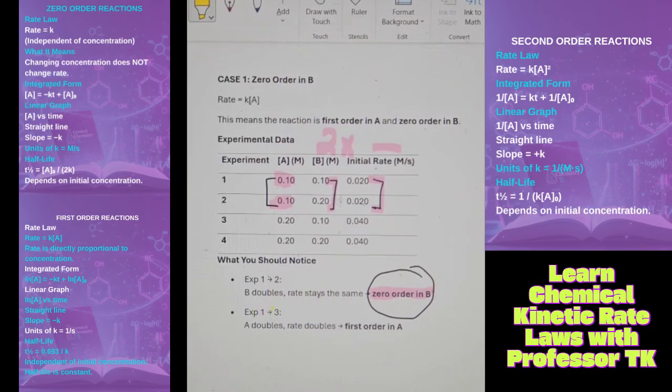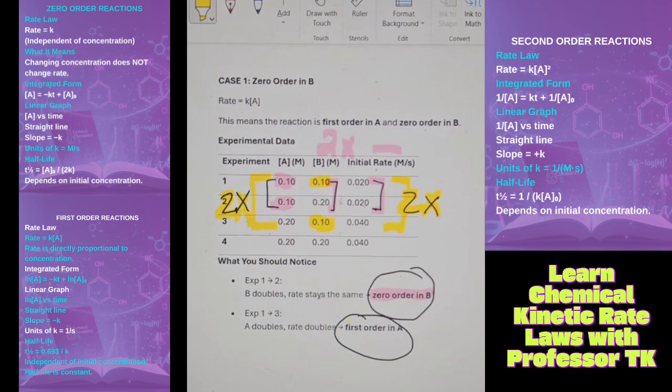Now, if I look at A, I have to keep B constant. So let's look at experiments 1 and 3. Well, 1 and 3 here show that A doubled. Over here for 1 and 3, the rate also doubled. So therefore, that would be first order.